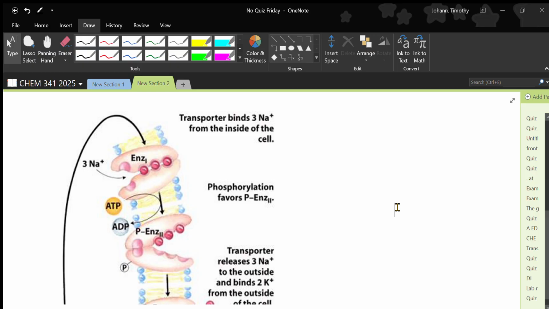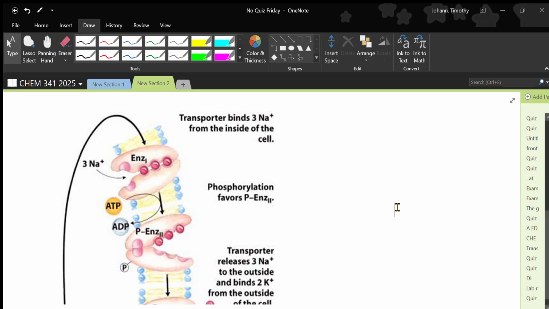Okay, so we'll start here. You could start anywhere because it's a cycle. What happens is this transporter, at least for this cartoon view, can open to the outside and it can open to the inside. Depending on whether it's open to the outside or the inside, it has sites that can bind potassium, or sodium. These are potassium binding sites, and these are sodium binding sites. Depending on which side it's open to, it has a different affinity for those.